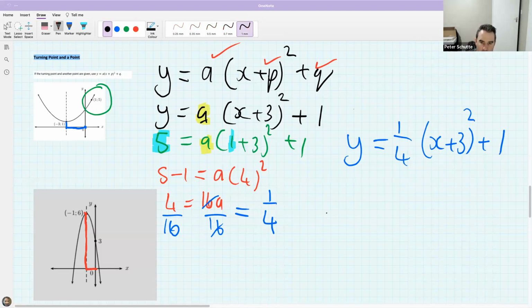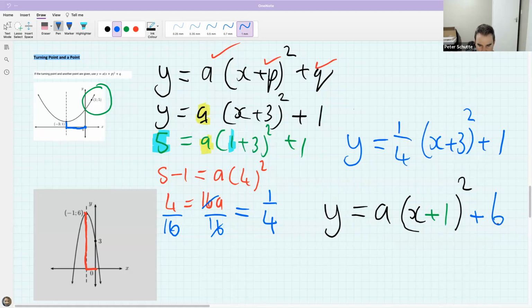Okay, for those who are working on this one, I think we all know there's going to be an A, but the question is, what is going to be over here? I think this should be a +1, and this should be a +6, but we still have to find A. What do we think A is?